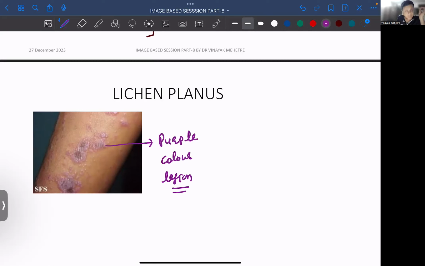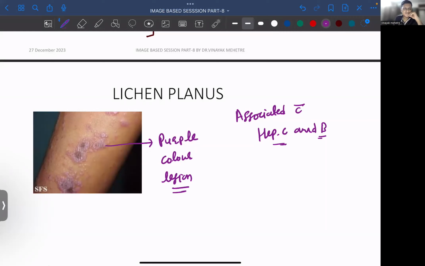Whenever you get a question with a purple color lesion, you will mark lichen planus. These are the hints. It is associated with hepatitis C and B, right?